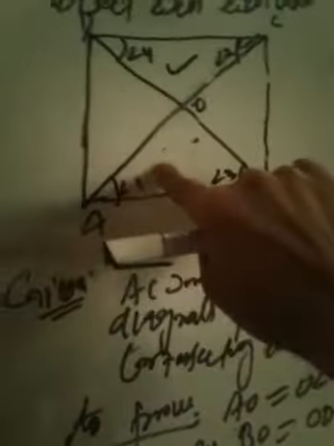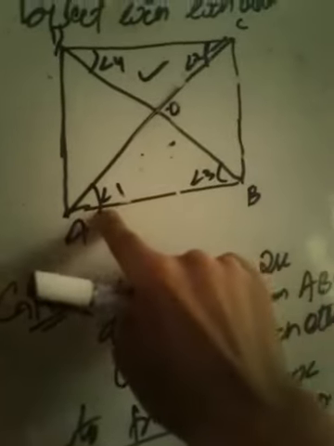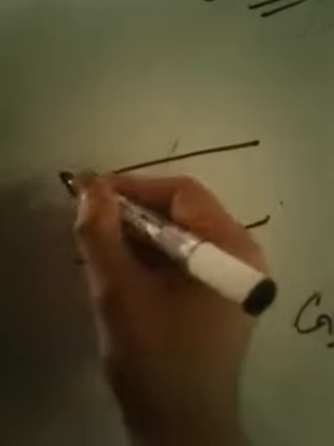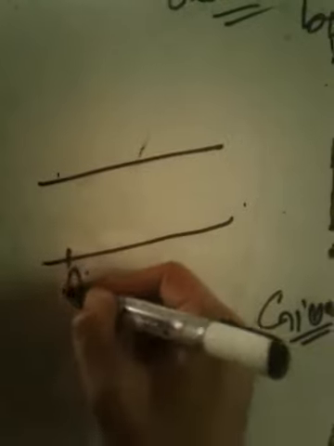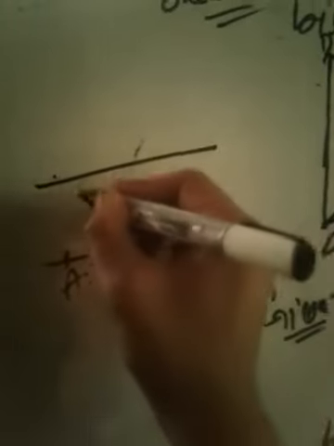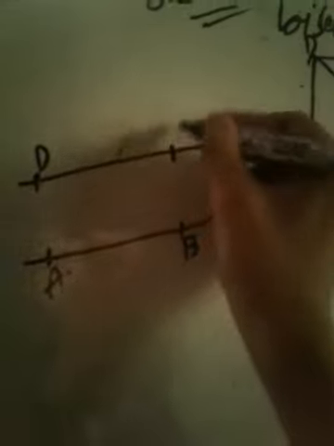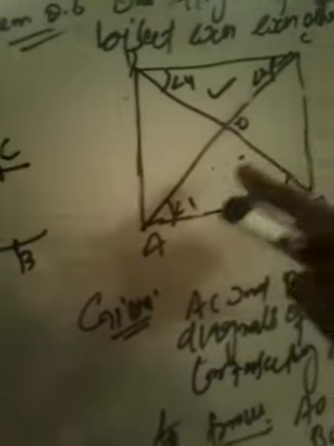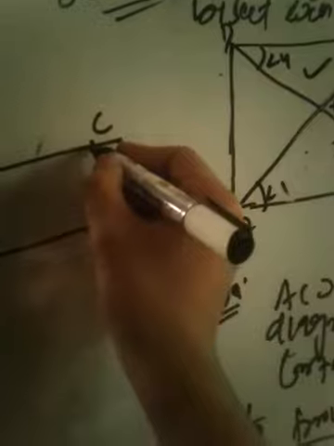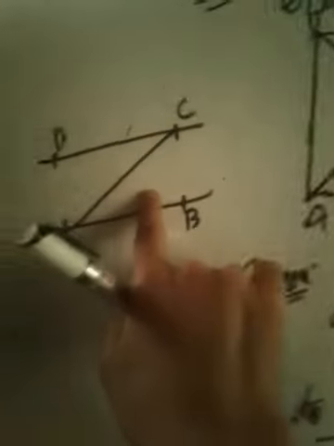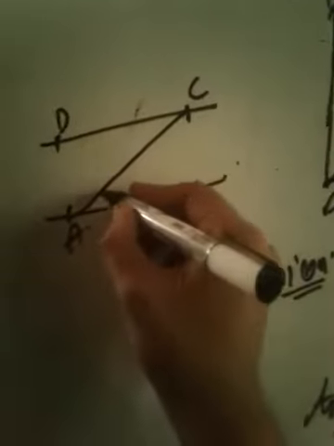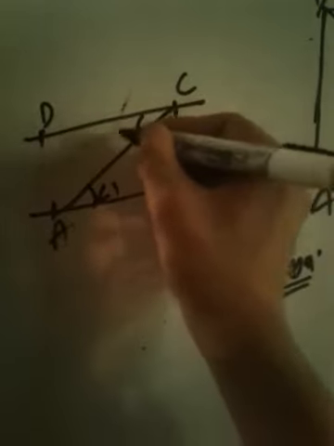Alternate interior angles are only equal if we have two parallel lines. Have a look, AB is parallel to DC. If we consider AC as transversal, here we name it angle 1, here we name it angle 2. So angle 1 is equal to angle 2.